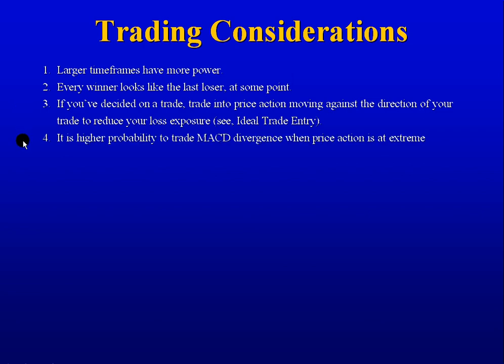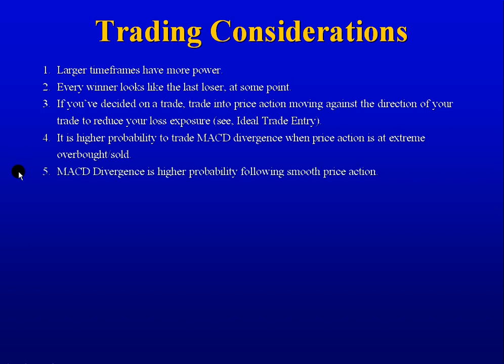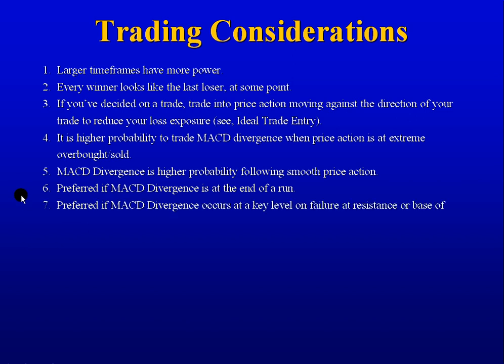It is higher probability to trade MACD divergence when price action is at an extreme overbought or oversold scenario. MACD divergence is higher probability following smooth price action. It is preferred if MACD divergence is at the end of a run, and also if you're deep into a buy or sell zone with your central pivots.